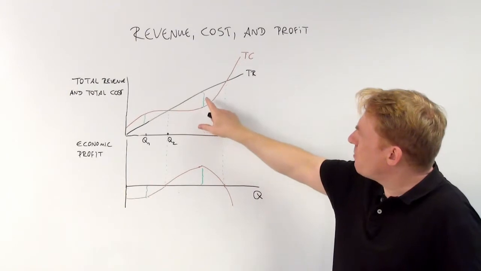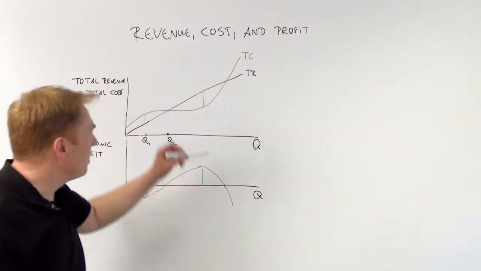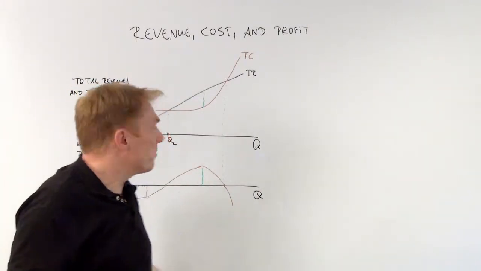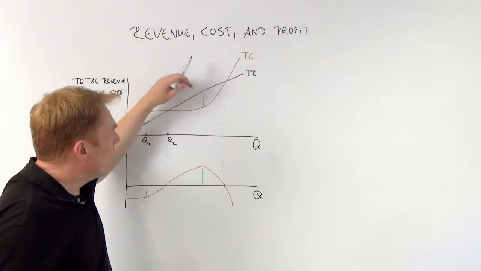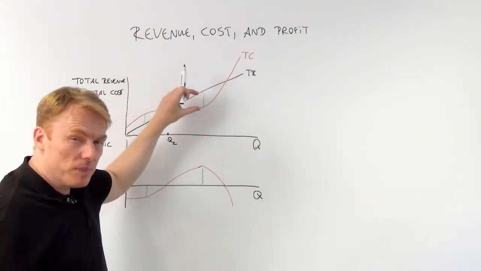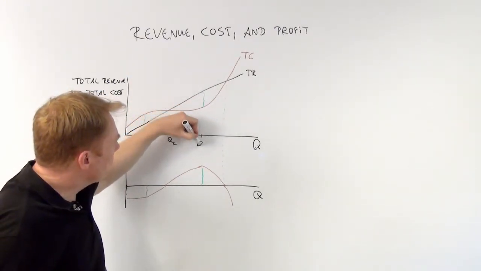Here, another different and very important example of a profit, because there is no other profit that is larger than this one. So the distance between the red line and the black line is maximum if and only if we consider this quantity.